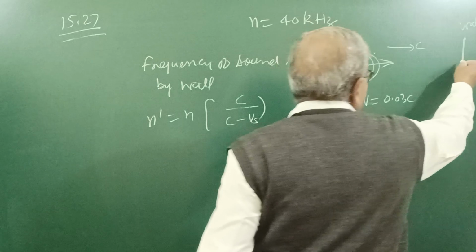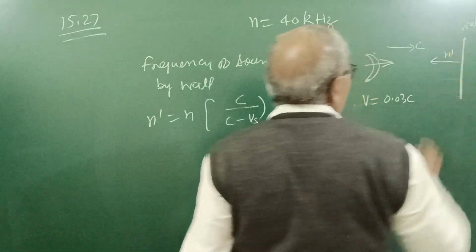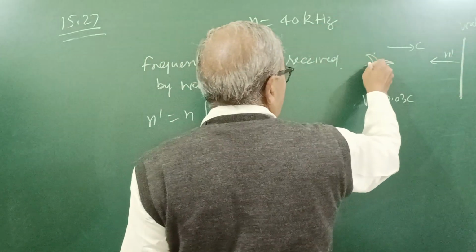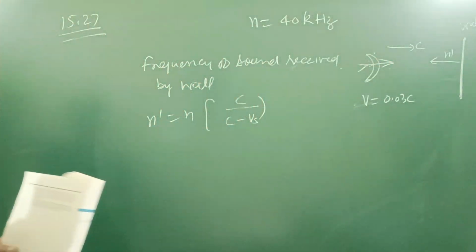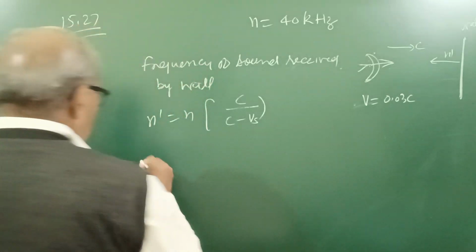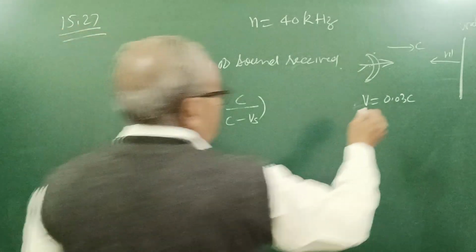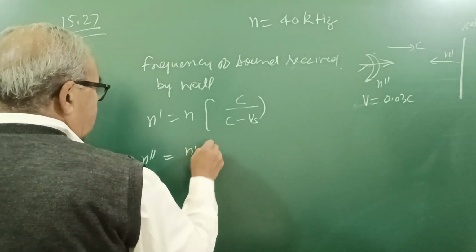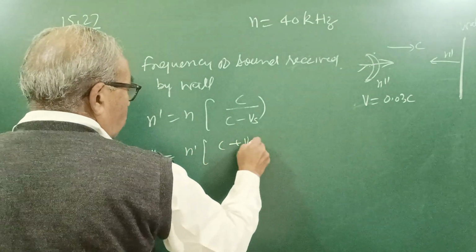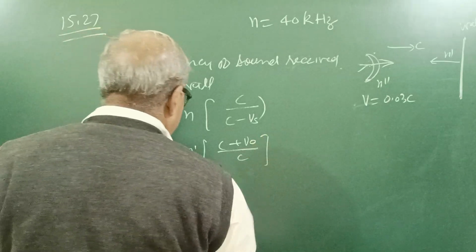Now this n' gets reflected. For n', the bat acts as a moving observer opposite to sound. So n'' frequency heard by the bat is equal to n' into c plus vo upon c.